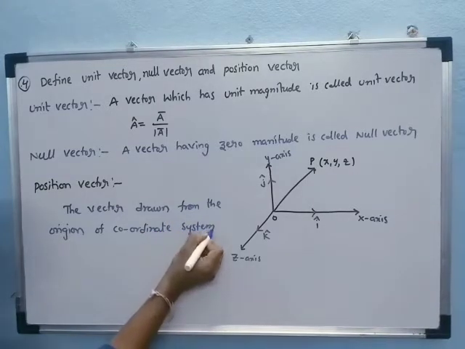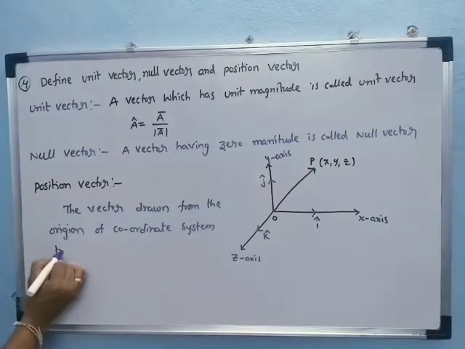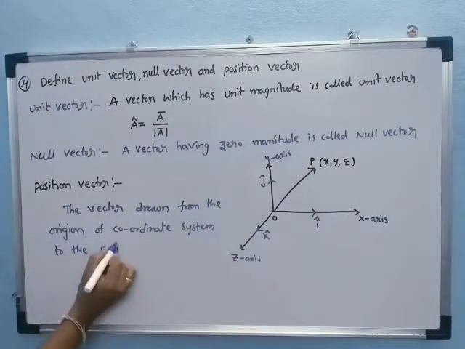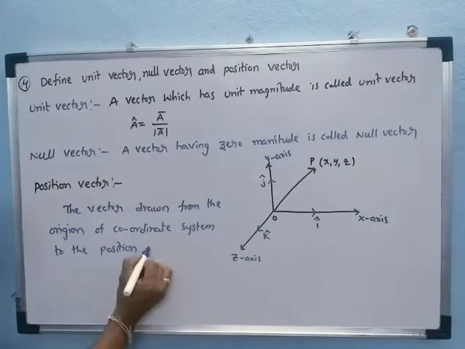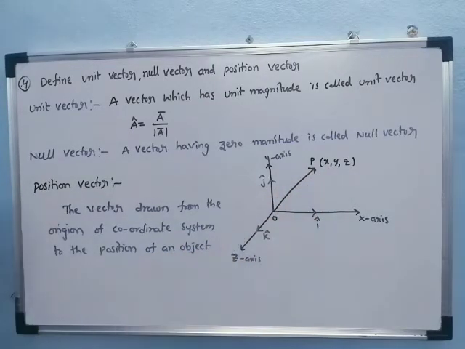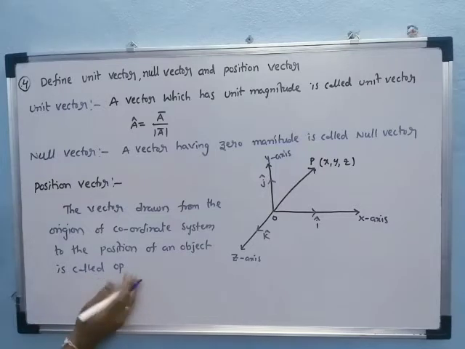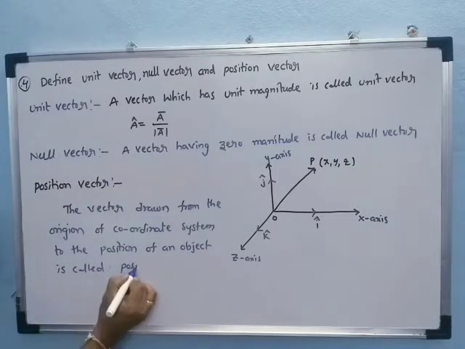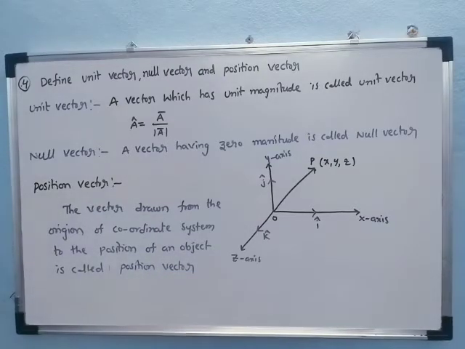The coordinate system is nothing but the x-axis, y-axis and z-axis. Now we can write this position vector OP bar.